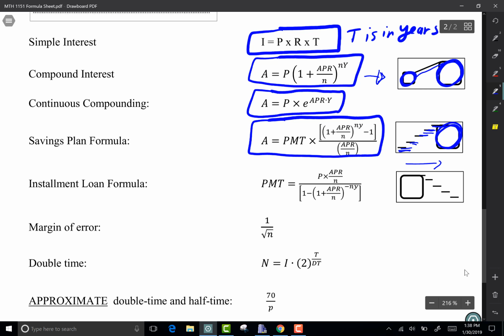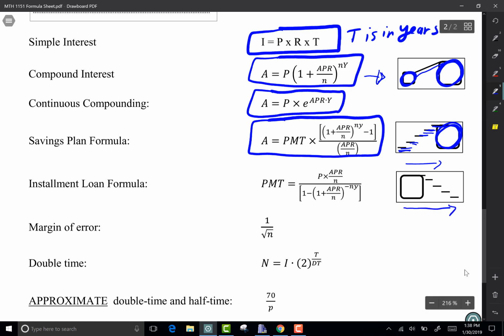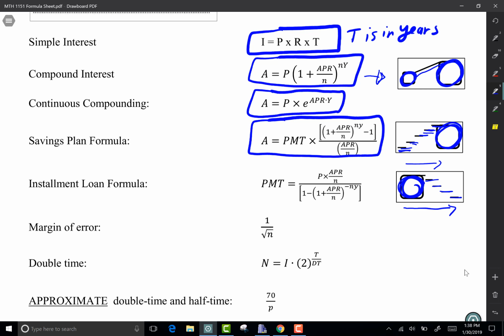Now, the last formula that we're going to talk about is for loans, when we're making payments to try to pay something off. Remember, we look at this left to right, we have a lump sum of money that we owe, and that amount decreases as we make those payments. So that's what these pictures represent to help us understand when to use these formulas.